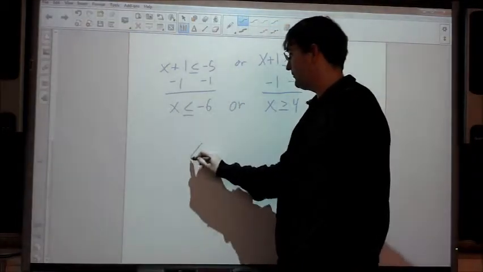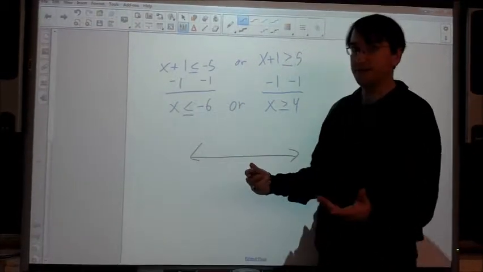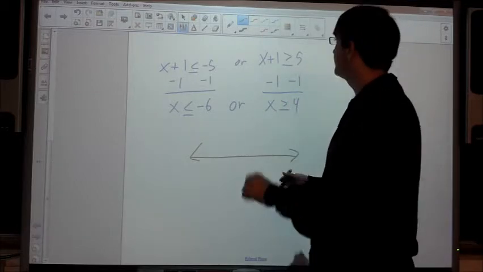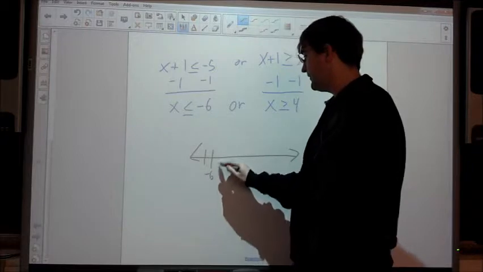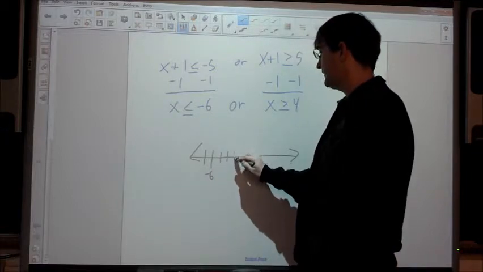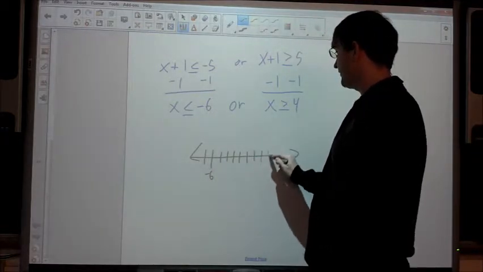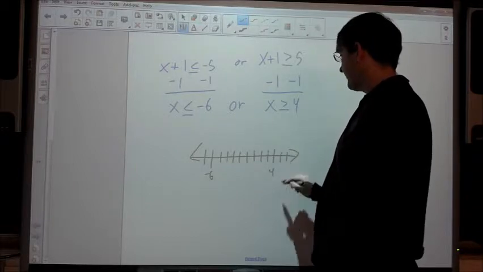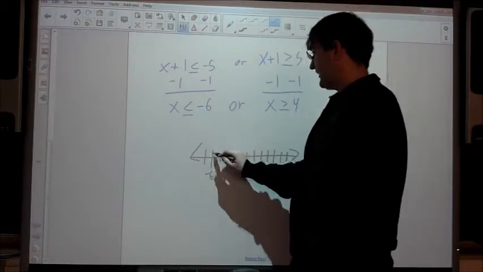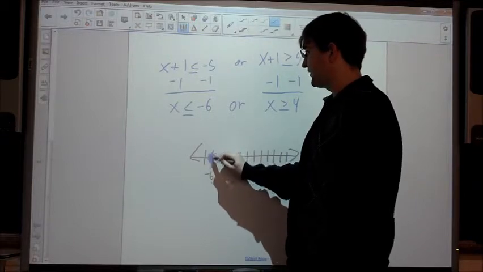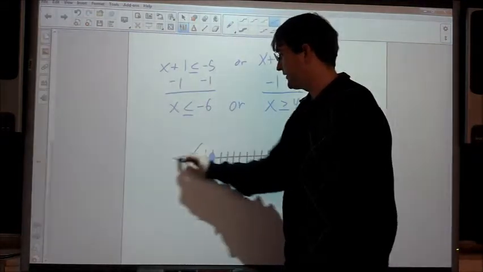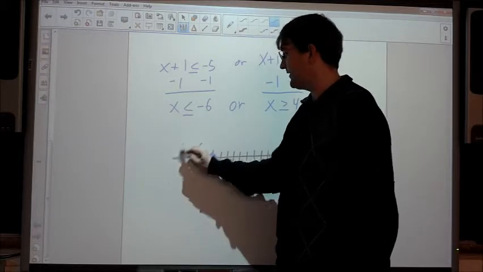So when I graph them on a number line, since the instructions say to graph, don't forget to graph. Negative 7, negative 6, negative 5, negative 4, negative 3, negative 2, negative 1, 0, 1, 2, 3, 4, 5, 6. I have a solid filled in circle at negative 6, because it's included, with an arrow to the left, because it's less than.